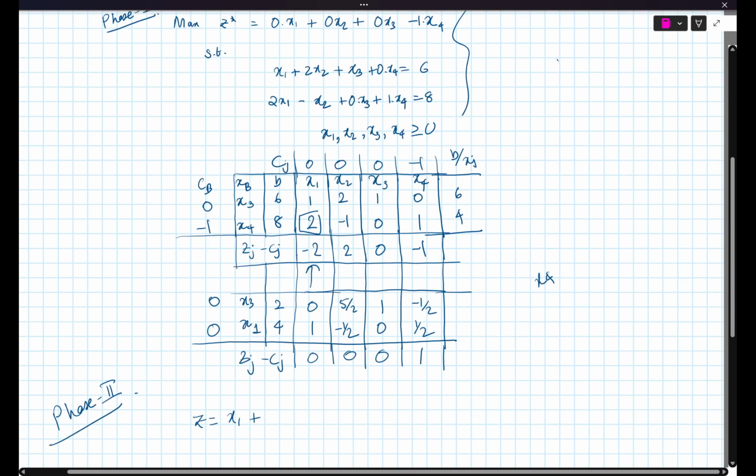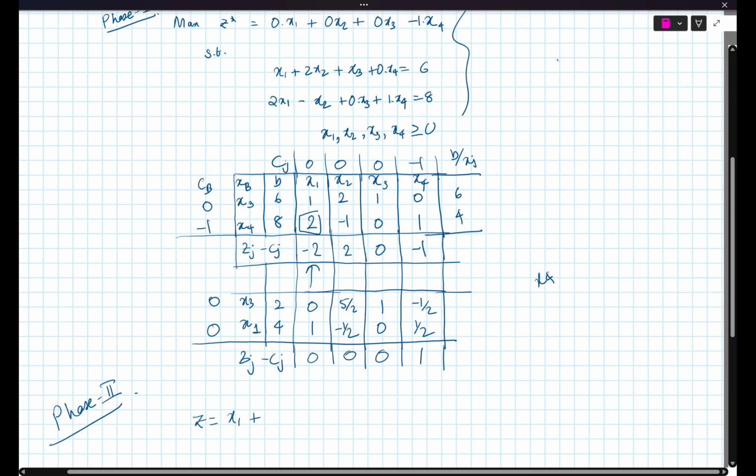Zj minus Cj. This will be 2 minus 2, that is 0. 4 minus 4 is 0. 2 minus 0 is 2. And this is 0. Okay, so we got Zj minus Cj greater than or equal to 0.